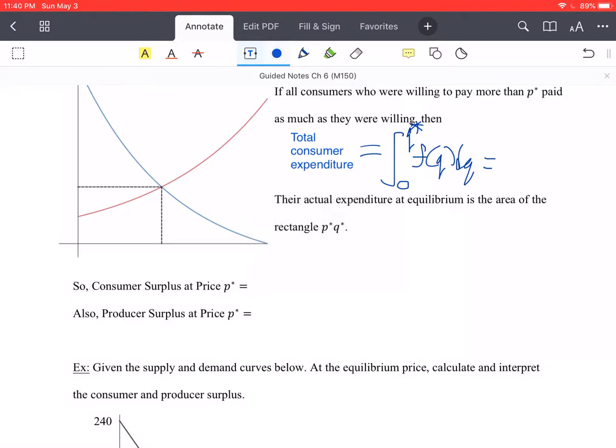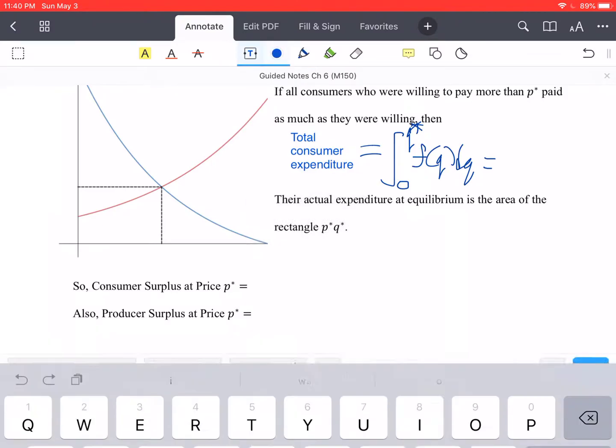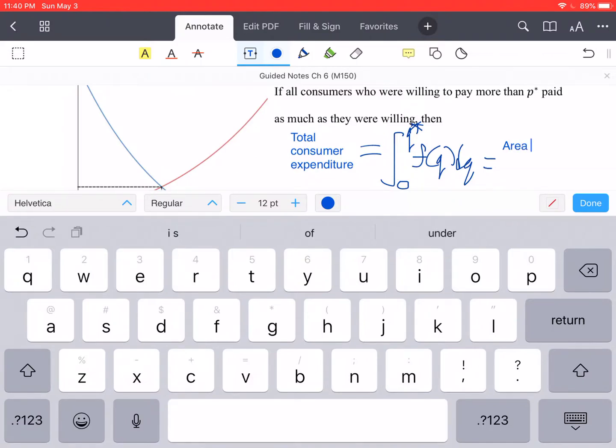which is the area under the demand curve from 0 to Q star.